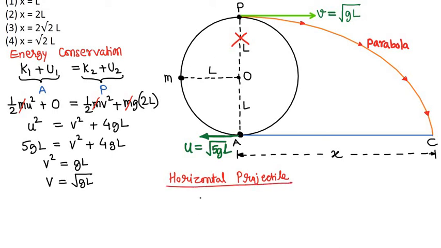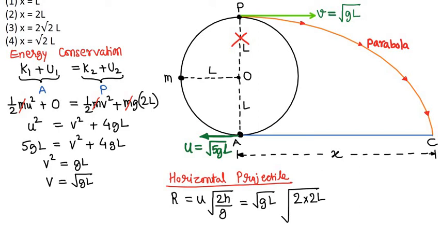So the formula for range is equal to u into square root of 2h by g. u means the velocity at the topmost point of the projectile, that is root gL, and 2 into height will be equal to 2L.